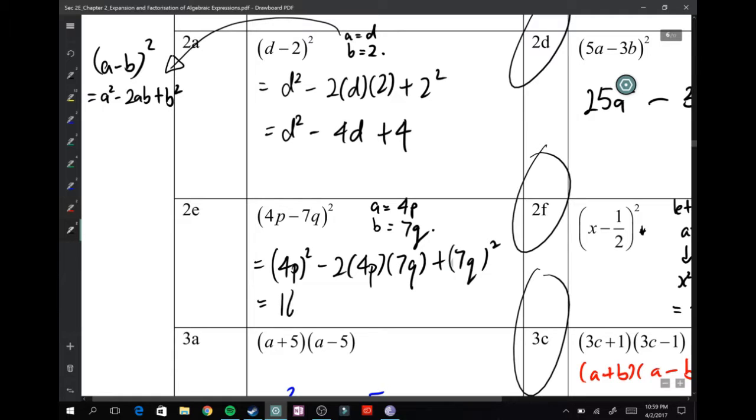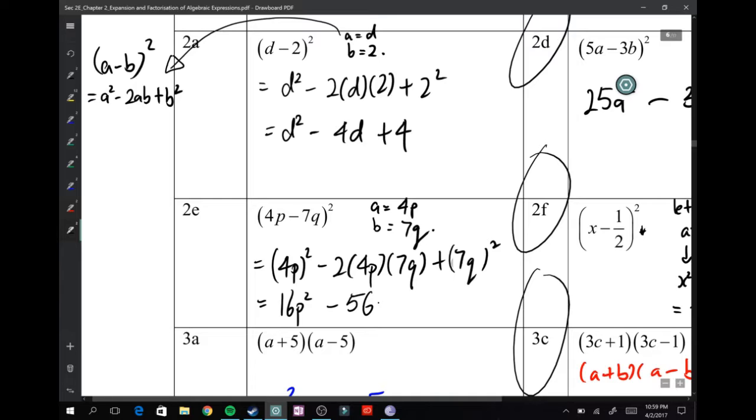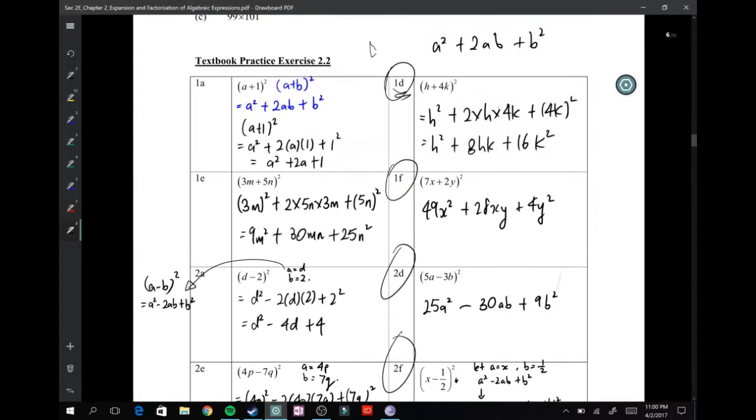What you get is 16p squared minus 8 times 7 gives you 56pq plus 49q squared. So all these are done using that formula on top.